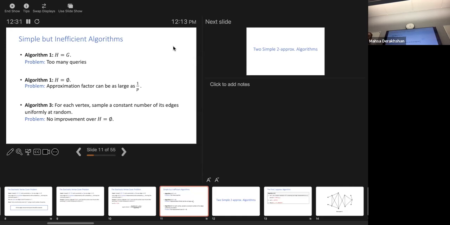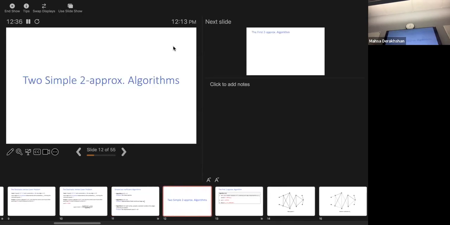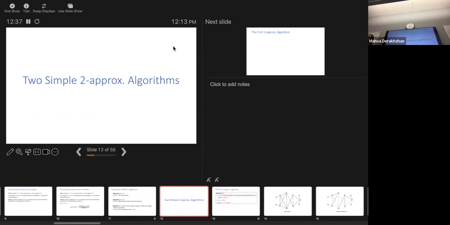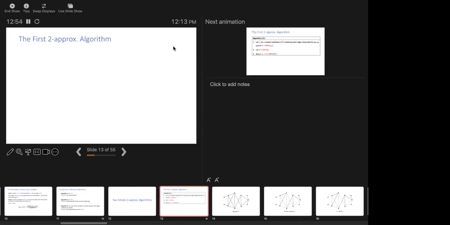So we need to be smarter about it. So what I'm going to do is first talk about two simple two-approximation algorithms, and then combine the ideas from these two to improve over that. We go back to the trivial algorithms.